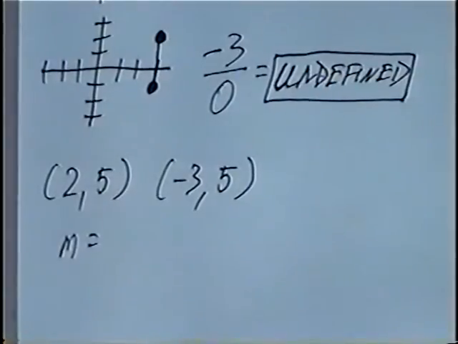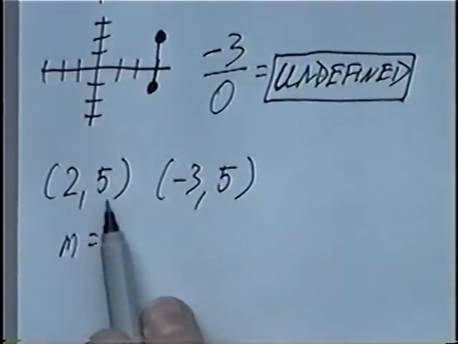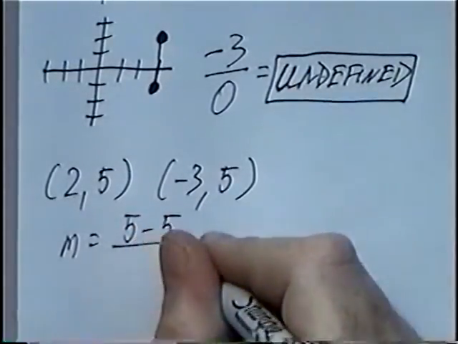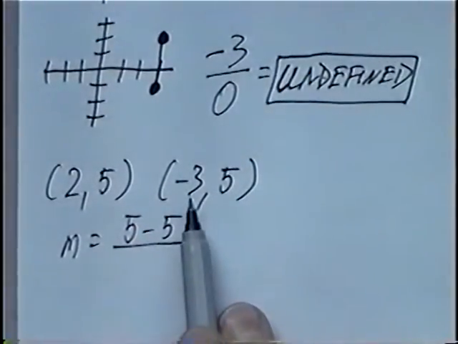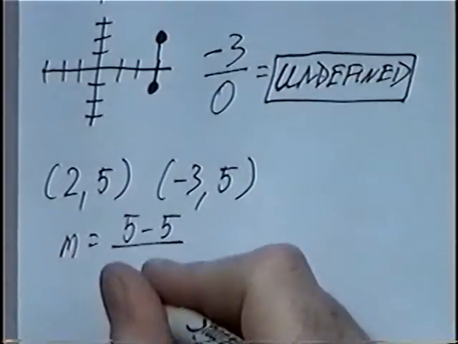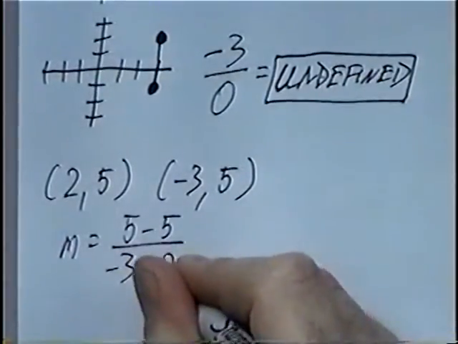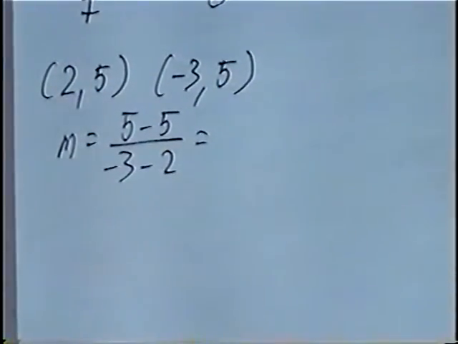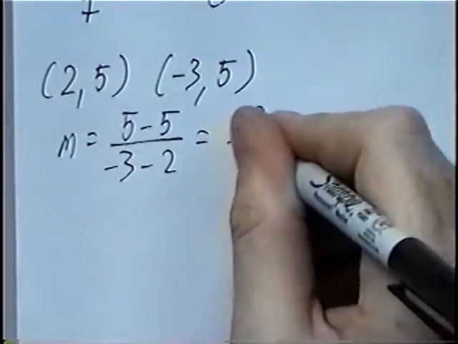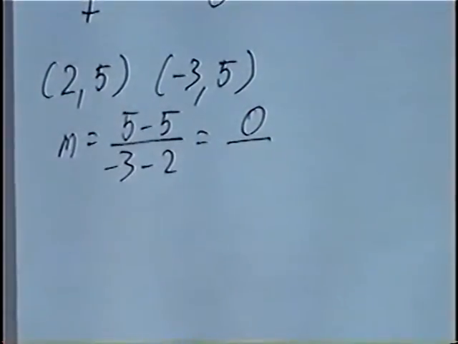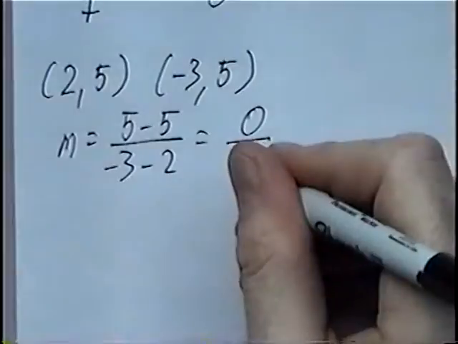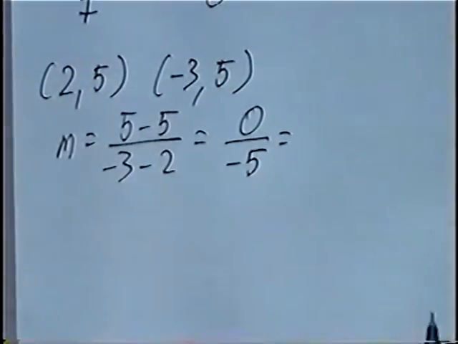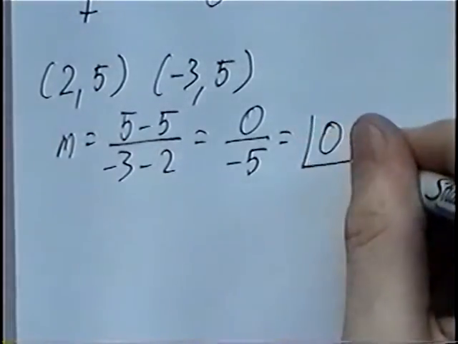M equals, we'll subtract the y values, the second minus the first, which will be 5 minus 5, and subtract the x values, x2 minus x1, which will be -3 minus 2. Simplifying, 5 minus 5 is 0. -3 minus 2 is -5. And 0 divided by -5 would be 0.